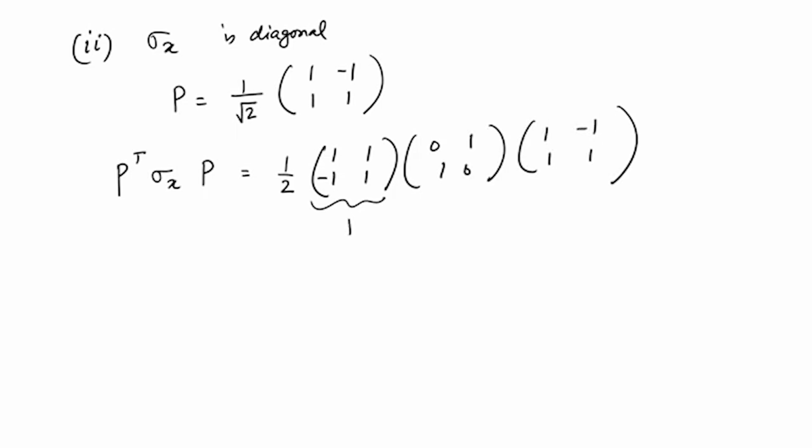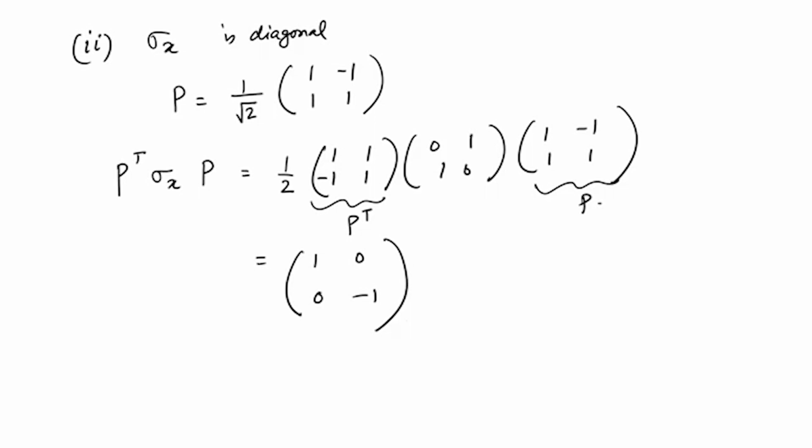This is your P transpose, and this is the P which we have taken, and if you multiply this, it becomes exactly the same as what we have for sigma z, which is 1 0 0 minus 1. So, sigma x becomes diagonal now, and of course, you can test what happens to sigma z: it will become off diagonal, taking the same form as sigma x.